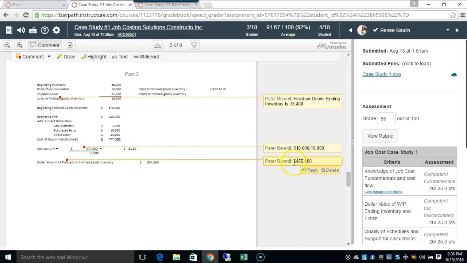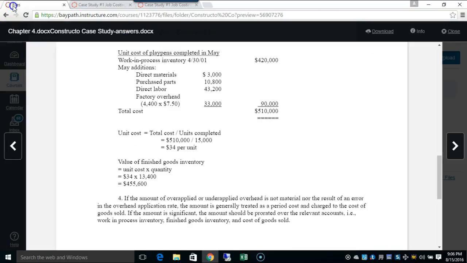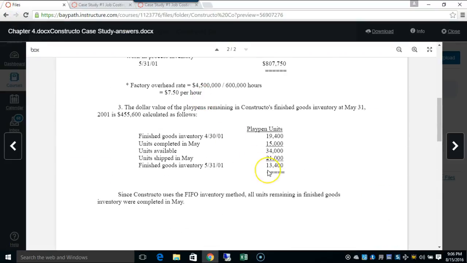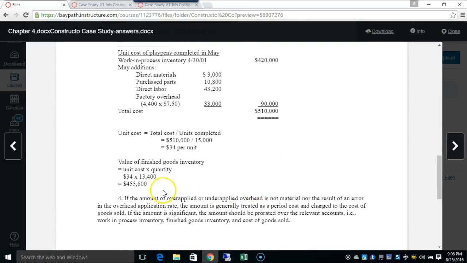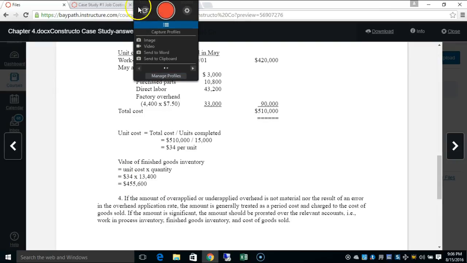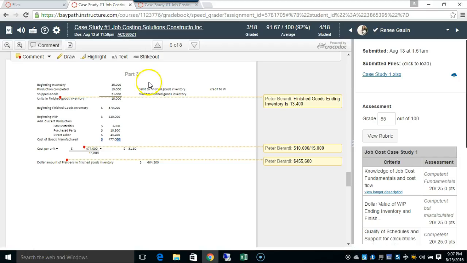Therefore, your total cost should have been $455,600 as a cost in your finished goods ending inventory for the playpens. You have taken the 13,400 ending inventory units and you will multiply that by the $40 per unit rate to get $455,600.